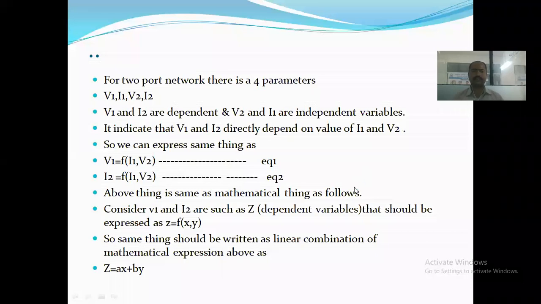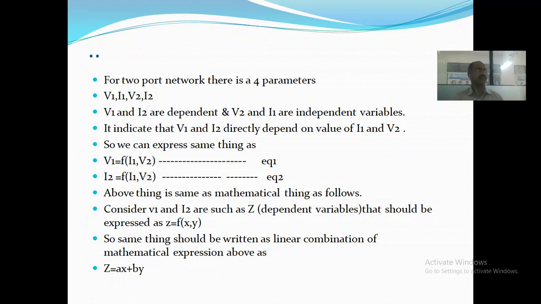So in this case, V1, I1, V2, I2. V1 is the input voltage, I1 is the input current, V2 is the output voltage, and I2 is the output current. So these are the parameters with respect to input as well as output. We know that in a transistor there are two things: one is dependent, the other is independent.